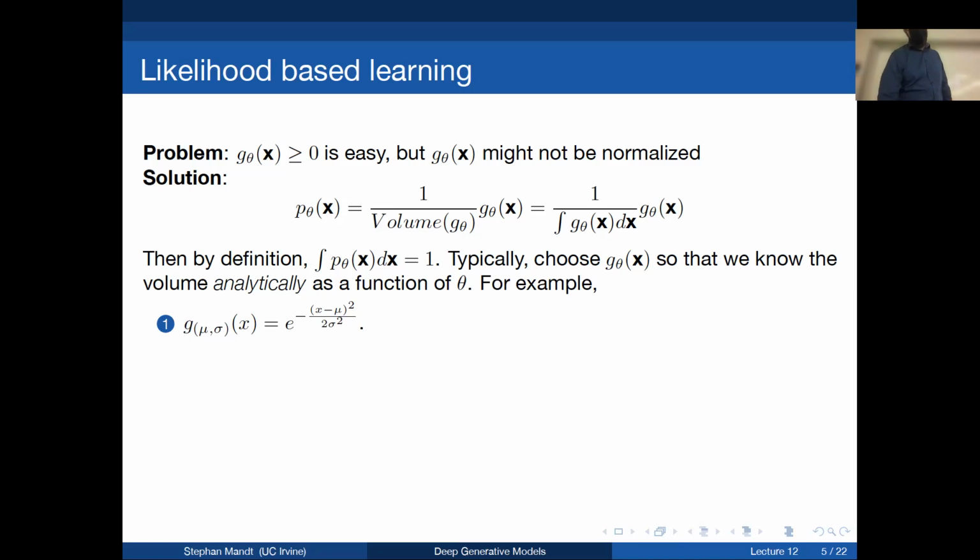If I define g of x to be the exponential of a quadratic, namely minus x minus some mu squared divided by 2 sigma squared, then we can explicitly compute this normalization constant, using the fact that this exponential integrates to the square root of 2 pi sigma squared. Of course, you all know this already from the Gaussian distribution. So that's explicitly where that normalization constant comes from.